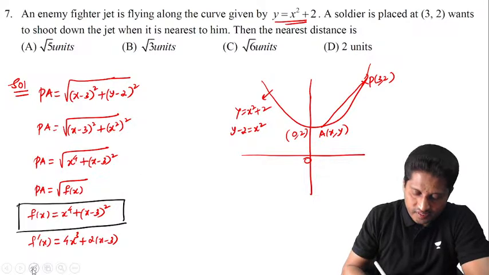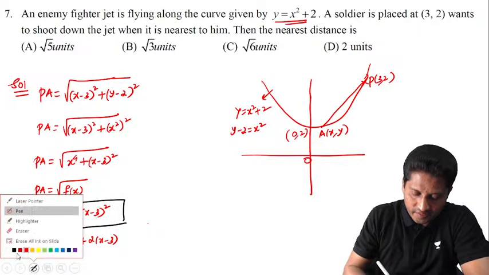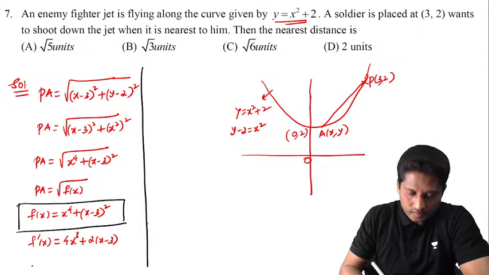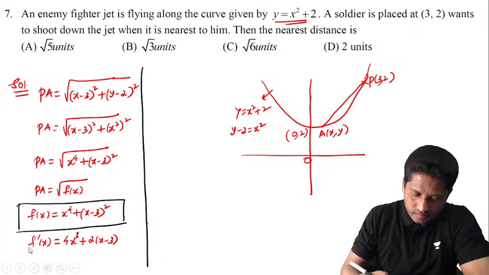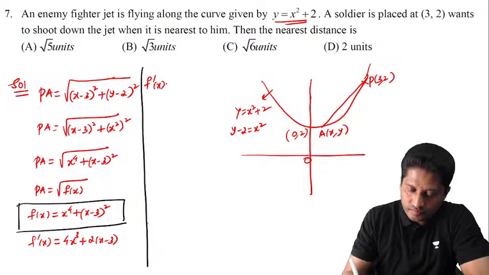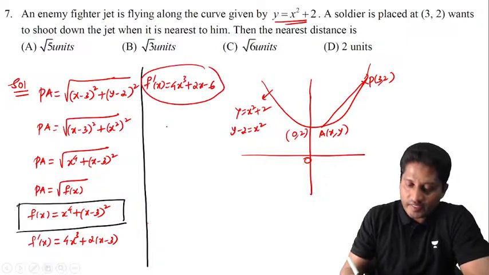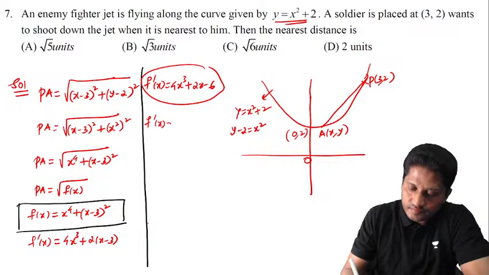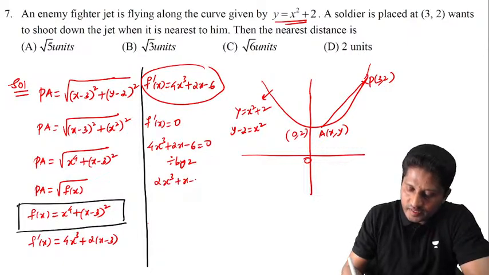After finding the first derivative, I can multiply this out: f dash of x is equal to 4x cube plus 2x minus 6. I'll equate this to 0. So 4x cube plus 2x minus 6 is equal to 0. If you divide throughout by 2, you get 2x cube plus x minus 3 equal to 0.